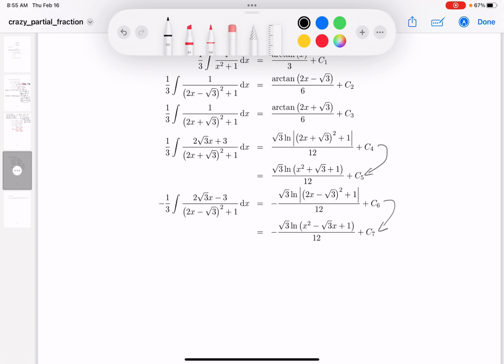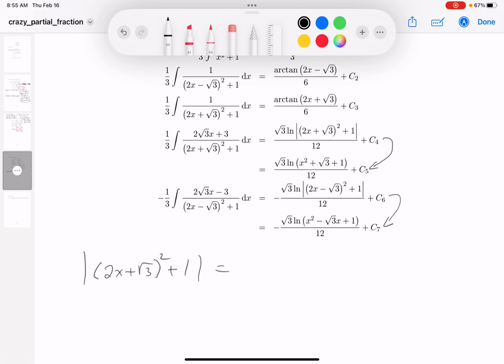Let's write this down. And I want to emphasize to you that I'm really doing 2x plus root 3 squared plus 1, the absolute value of it. The first thing I notice about this over here, it's always positive. So I'll write this down, 2x plus root 3 squared plus 1. I multiply it out.